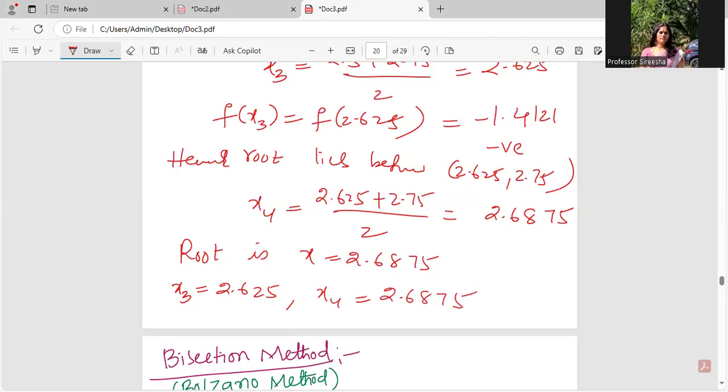Can you observe, guys, that after the decimal, 0.6 and 0.6, it's tallying, is it not? One decimal means after the decimal, one position should coincide for successive iterations X3 and X4.